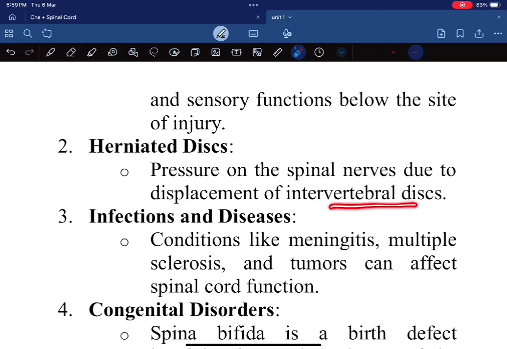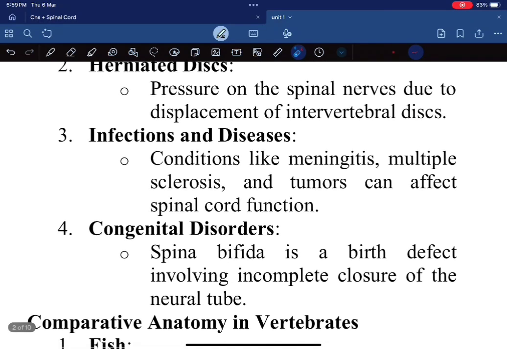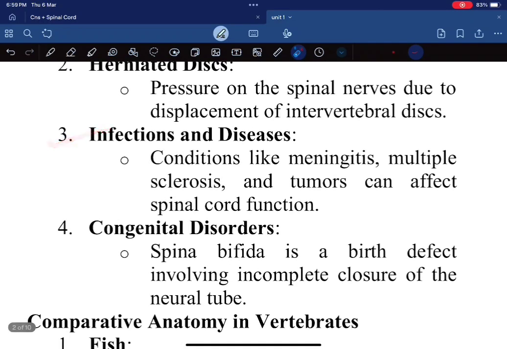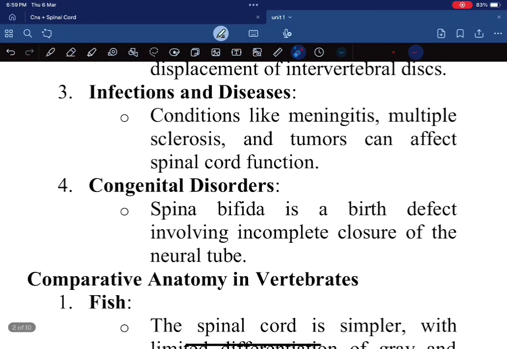Third, infections and diseases. Conditions like meningitis, multiple sclerosis, and tumors can affect spinal cord function. Fourth, congenital disorders. Spina bifida is a birth defect involving incomplete closure of the neural tube.